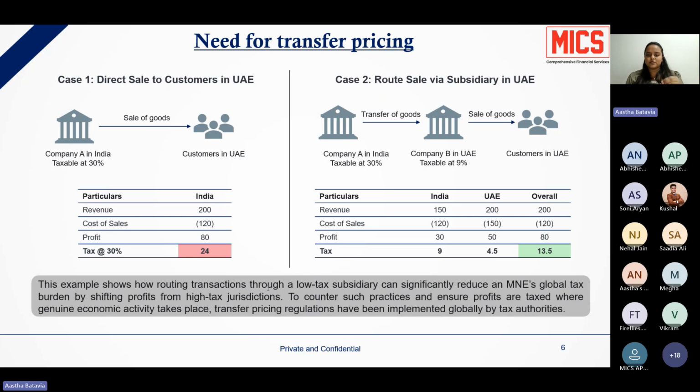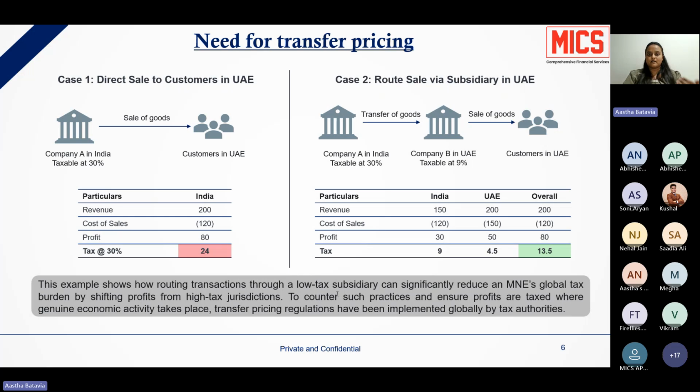This is the situation that used to happen if no transfer pricing regulations existed. So now global tax authorities require businesses to prove that profits are declared where the real economic activities are being performed, and that pricing between the two group entities is at arm's length, just as if they were acting as independent third parties.